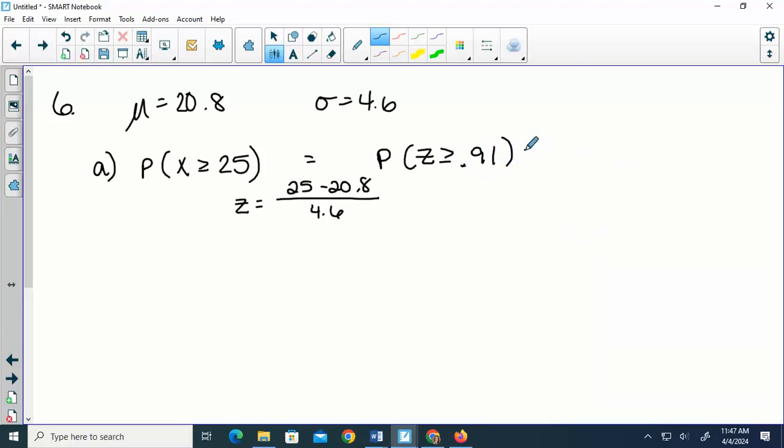How do we do greater than from our normal table? 1 minus, because the table gives us less than. So then you go to your table, the Z is 0.91, and the probability is 0.8186. So if we subtract those, we get 0.181.